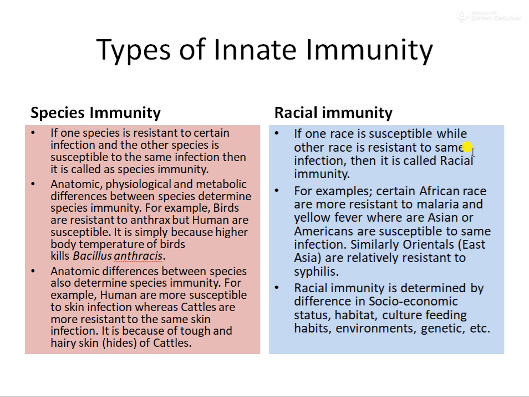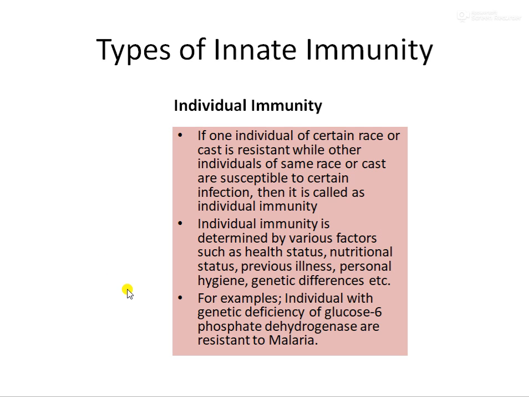For example, the African race is resistant to malaria and yellow fever, whereas Asians and Americans are susceptible to the same infection. Then we also have individual immunity. Only some people will be resistant to some diseases. Individuals with a genetic deficiency of glucose 6-phosphate dehydrogenase are resistant to malaria.